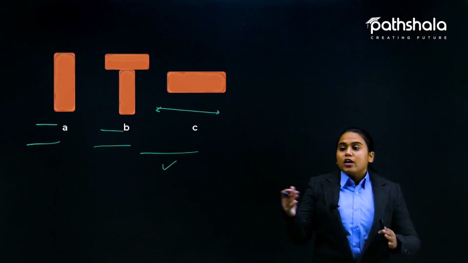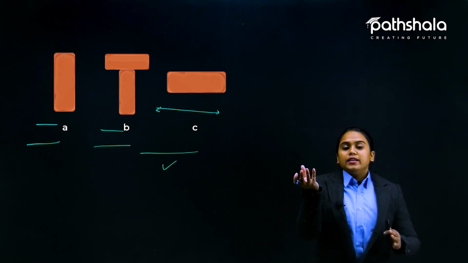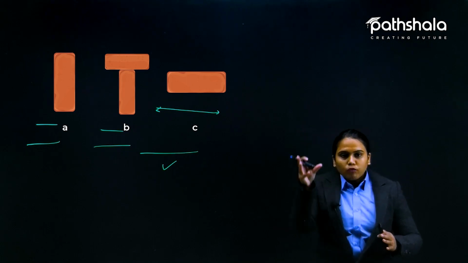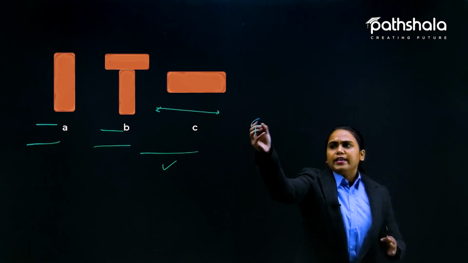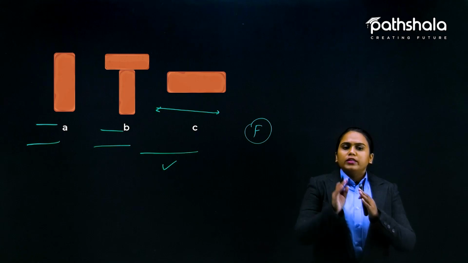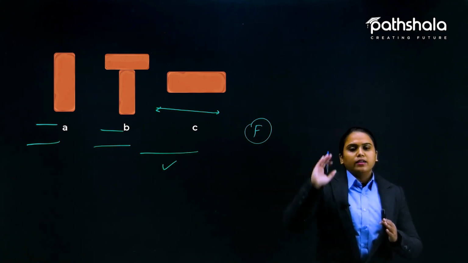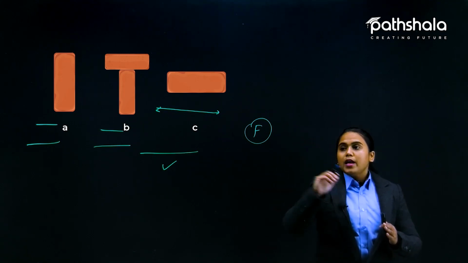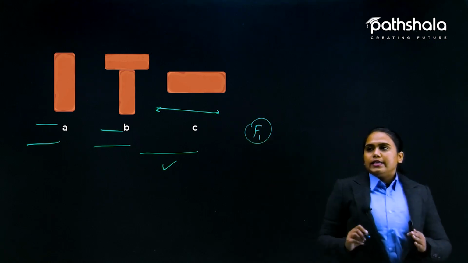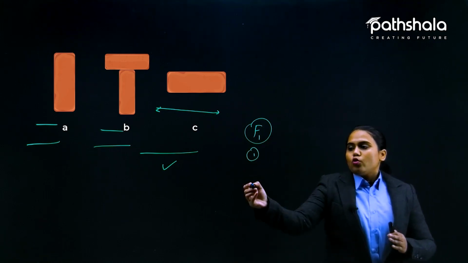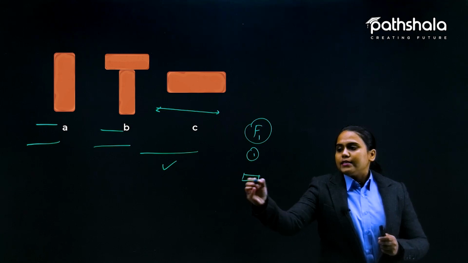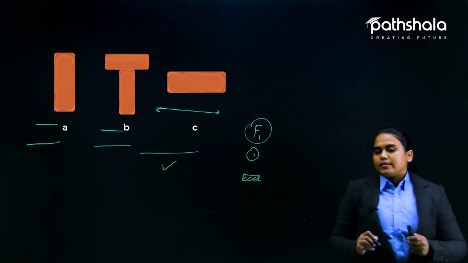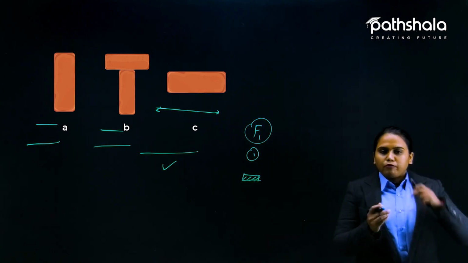In the first case, only a small area is here. That is why the force is more concentrated. Let's suppose we are taking the force F1 here in the first case, so it is exerted on a single small area like this.